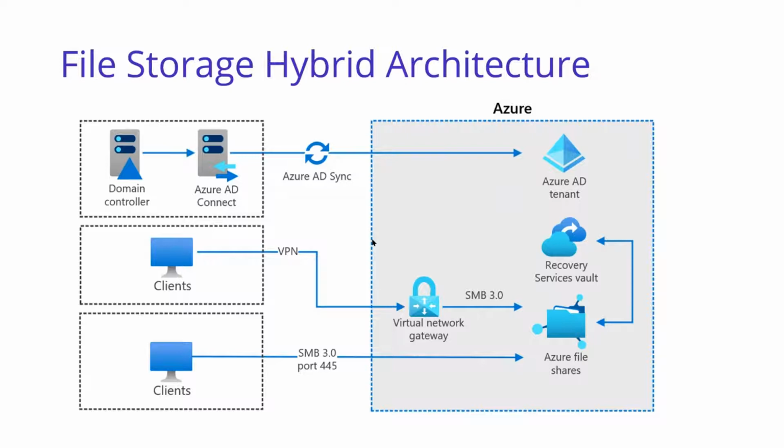So moving on to file storage, this is great for a hybrid scenario. For example, if you are using some services in the cloud, but you have some services or applications that you prefer to have on your local servers or on premises. Now, with Azure, you have additional options with the file share, which is another piece of the Azure storage account.